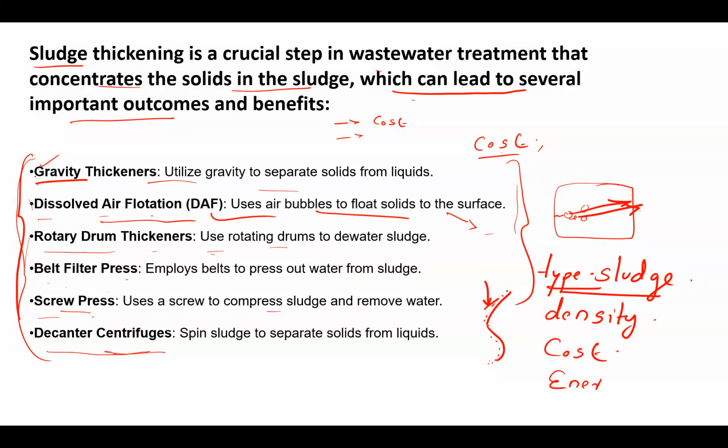I don't know the energy consumption of each separately, but energy consumption is also an important factor. So energy consumption is different for different mechanisms. All these things will matter.